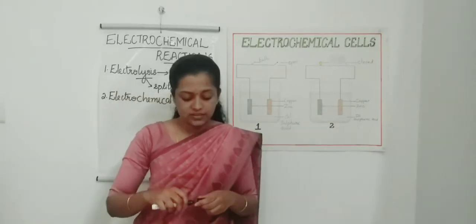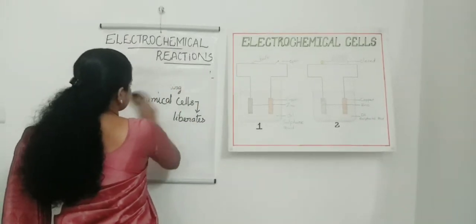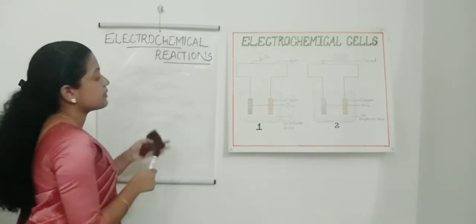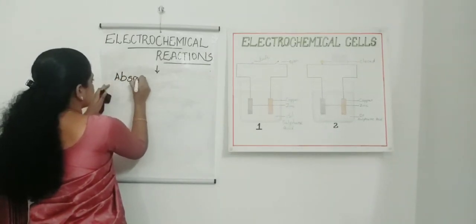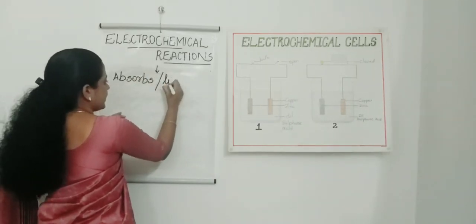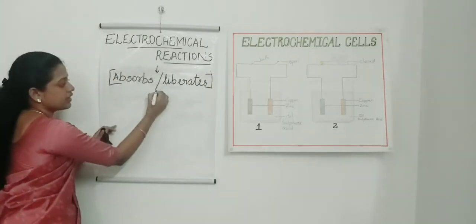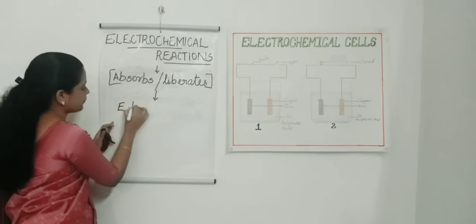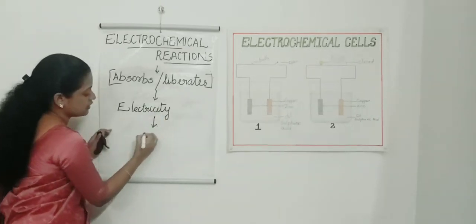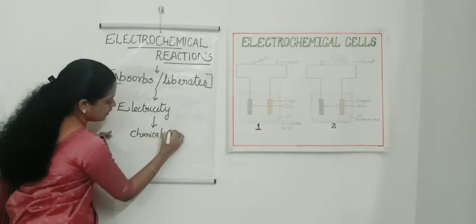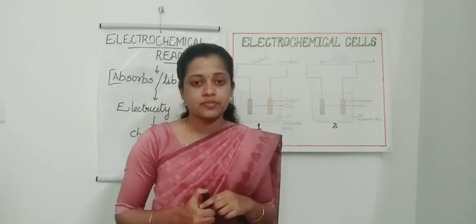So from this we can say that chemical reactions are those which absorb or liberate electricity during a chemical reaction. Is that all clear for you? Yes.